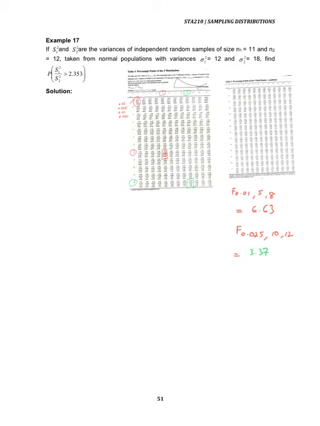Okay, kita tengok berapa maklumat yang kita ada. Kita ada N1 equals to 11 and N2 equals to 12. So means that V1 kita adalah 11 tolak 1. V2 kita adalah 12 tolak 1.